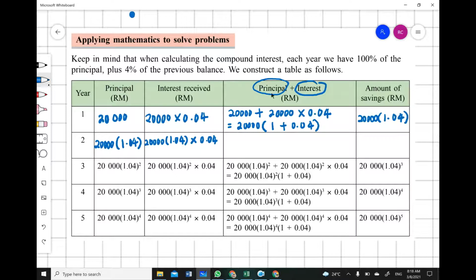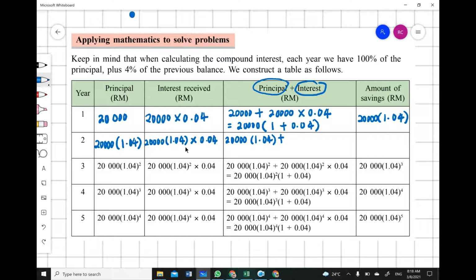Okay, then we are going to get the principal here. The principal is how much? That is 20,000 times 1.04. We take it from the principal in front here. So this is the principal plus, you just add on the interest, which is this.